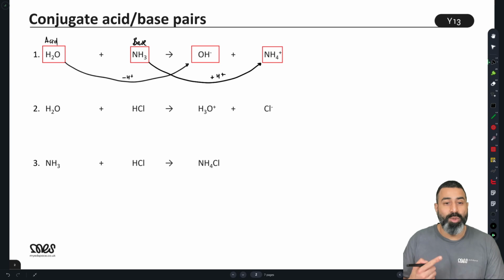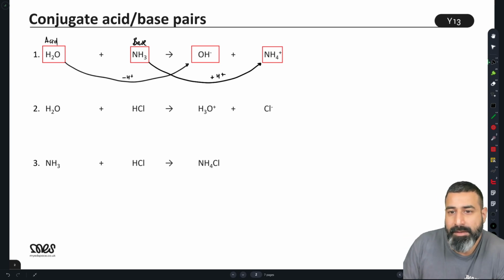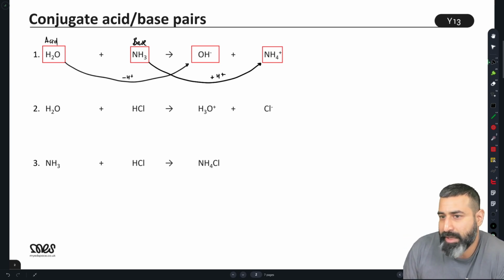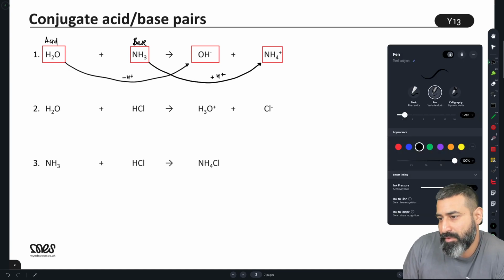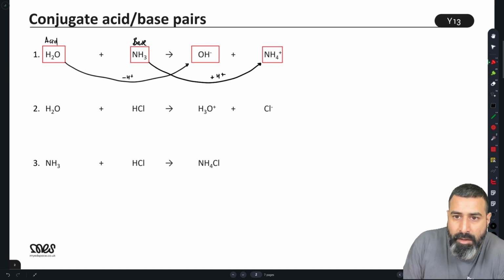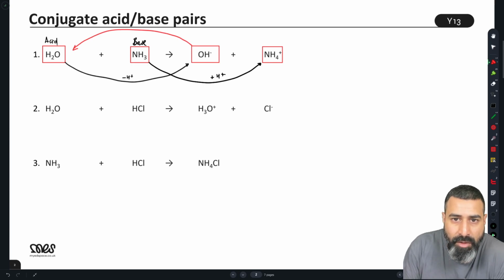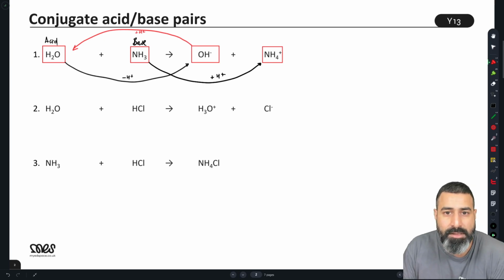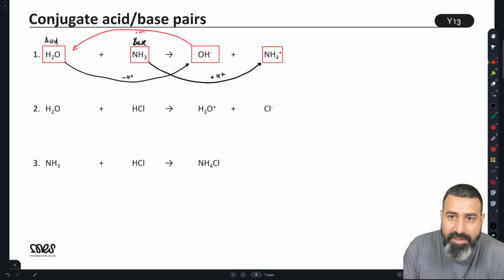Now, what we can do is go the opposite way. If I go from OH- to H2O in the opposite direction, we're adding an H+. So therefore my OH-, if it's accepting an H+, going from right to left, must be behaving like a base.